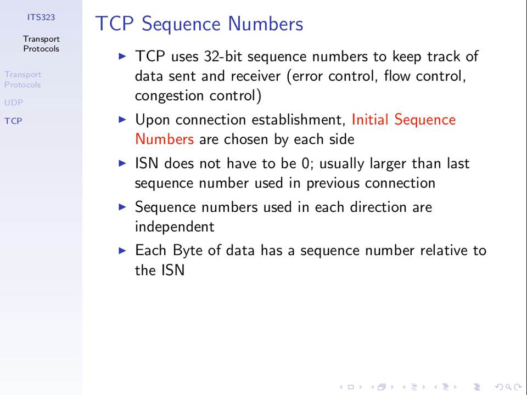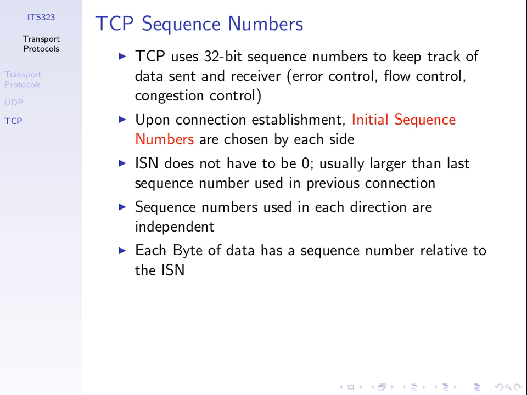But they're independent, okay? So we have basically two sets of sequence numbers, one for each direction. The ISN does not have to be 0. Okay? When I start a connection, it's not necessarily 0 and 0. Both sides get to choose their initial sequence number.